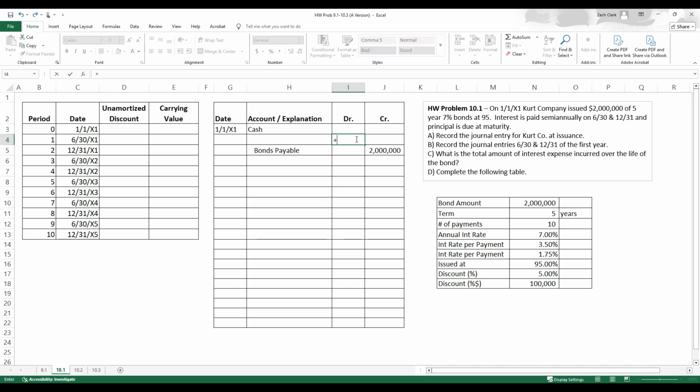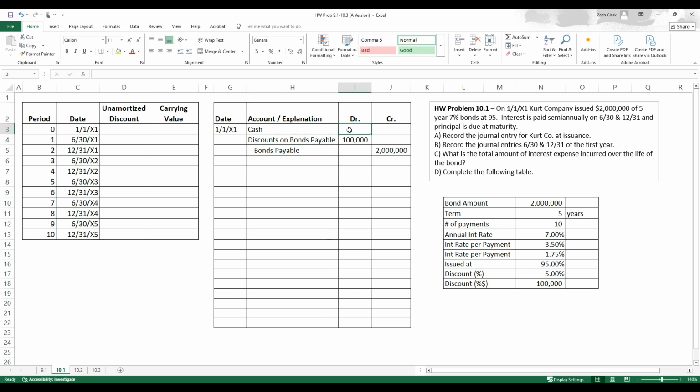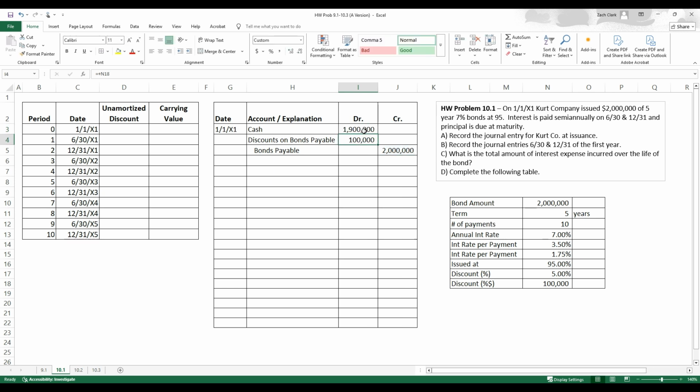So that's what we'll book as the discount on bonds payable. And then again, like I mentioned earlier, we don't get the full amount of cash that we would have had otherwise because we're giving the discount, so we only receive 1.9 million in cash.